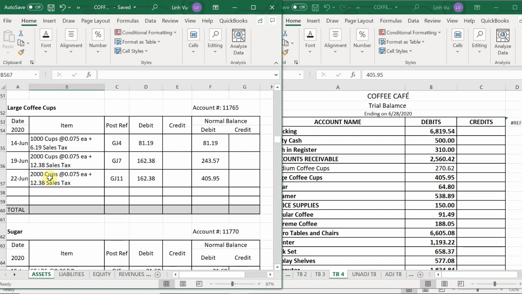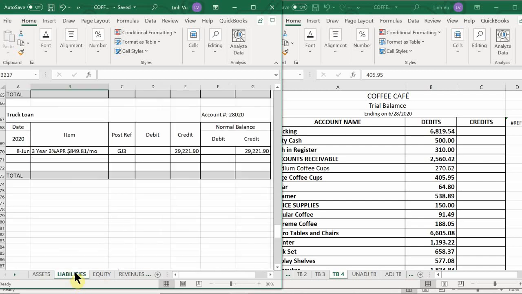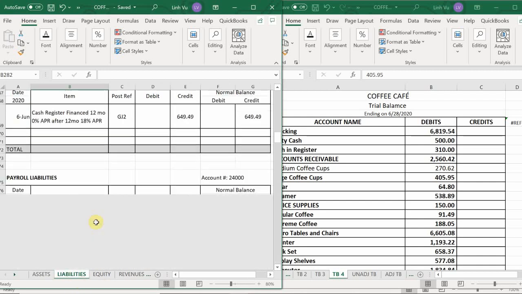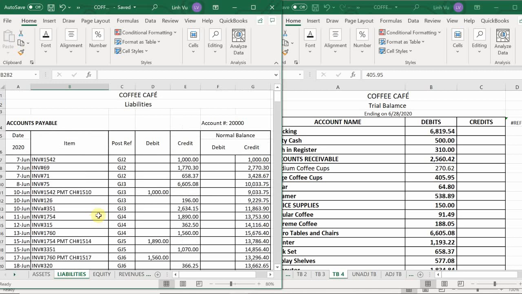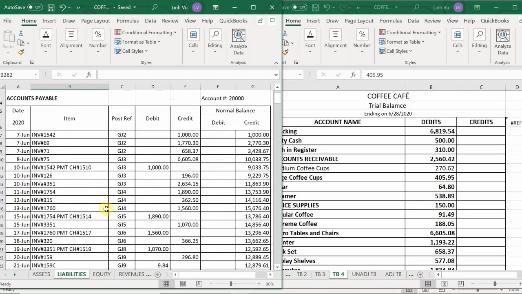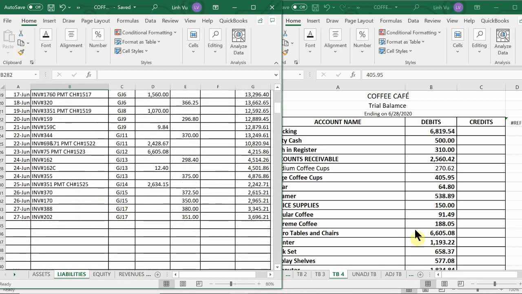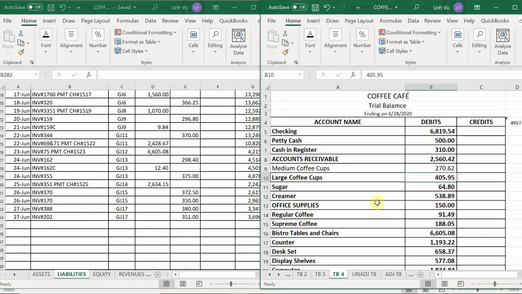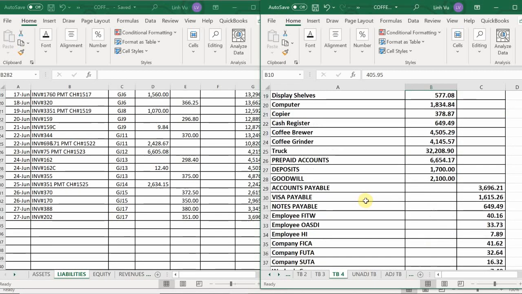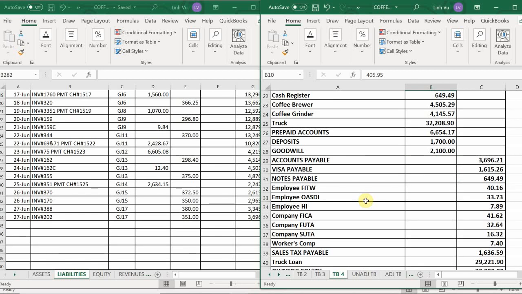If you don't mind, just going back to your accounts payable, on your financial, on your trial balance sheet. 3,696.21.